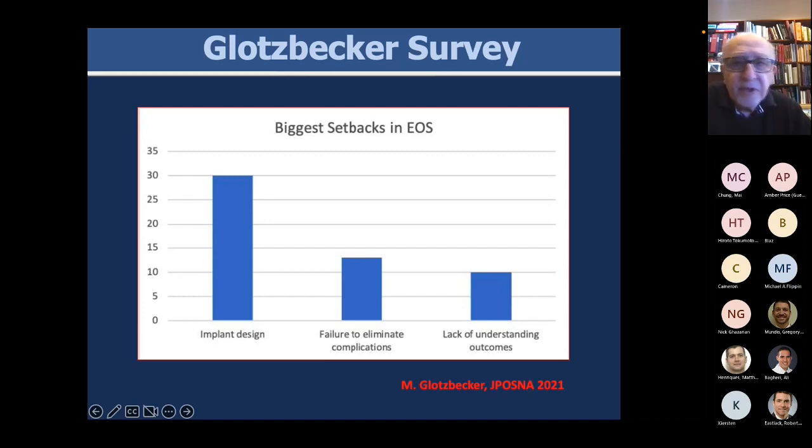I think his survey showed that the biggest setback in EOS is the implant design, which I think just comes from us having not much understanding of how the natural history and behavior of these diseases with different etiologies are. The failure to eliminate complication is the biggest one, and obviously lack of understanding of the outcomes.